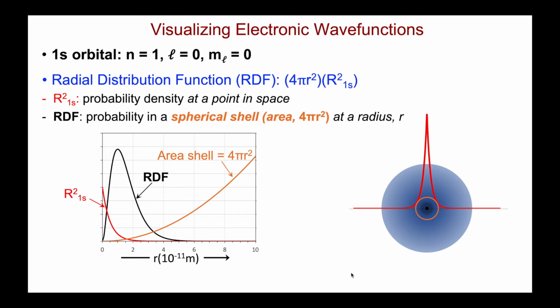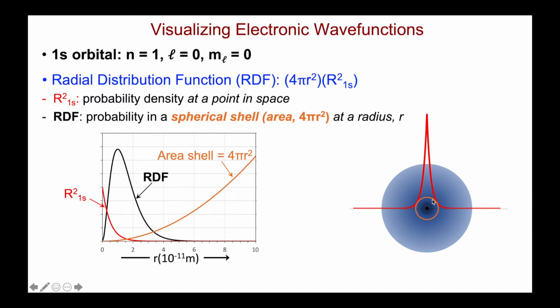So while psi squared decreases from a maximum at the nucleus with r, the surface area of the shell increases with r. And the RDF is the sum of the probabilities at each point in that shell.